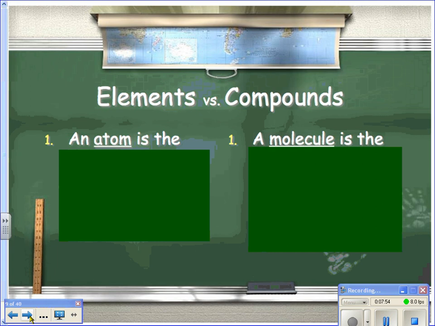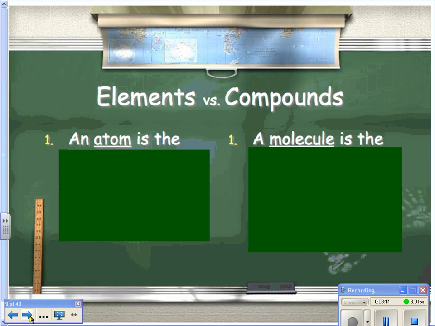So let's compare elements and compounds in our data table on our outline for our notes, matter part 1. And in the space where you see the number 1, that is where we're starting.